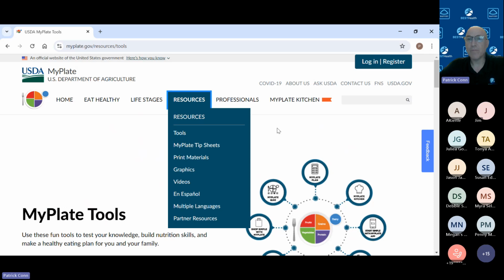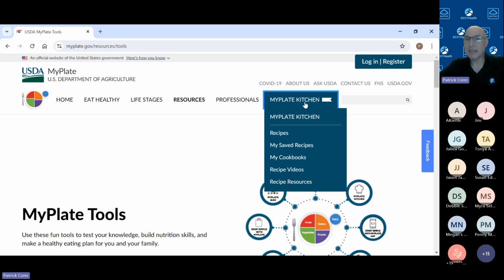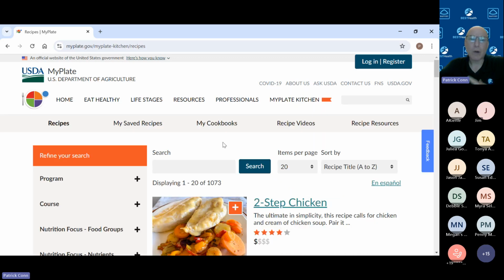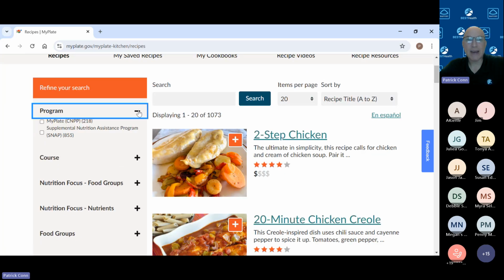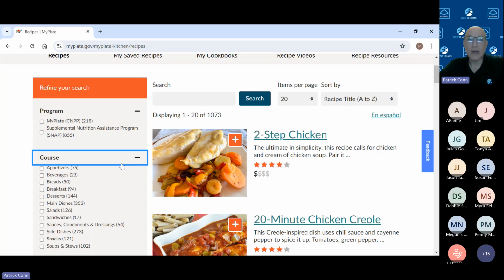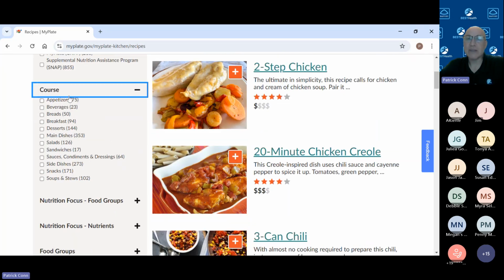All right. And then lastly, this is really good. You can go to the My Plate kitchen. You can go to recipes because people always ask about how can I make healthy dishes? Well, this really helps you, and you can specify this. It has recipes for SNAP, specifically with the Supplemental Nutrition Assistance Program. Now, it also breaks it down into different courses. So if you want to learn about main dishes, you can click on that.